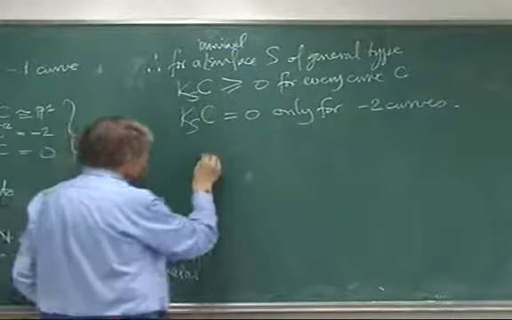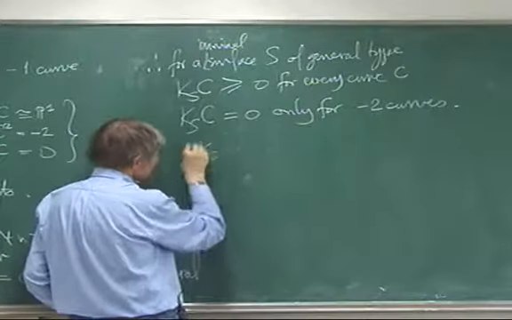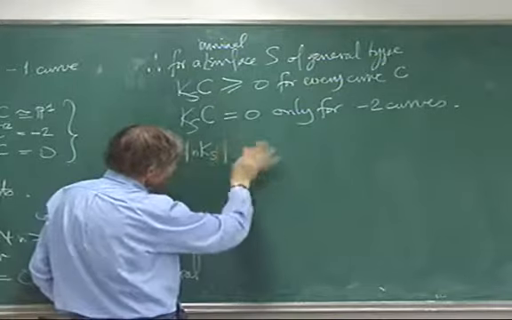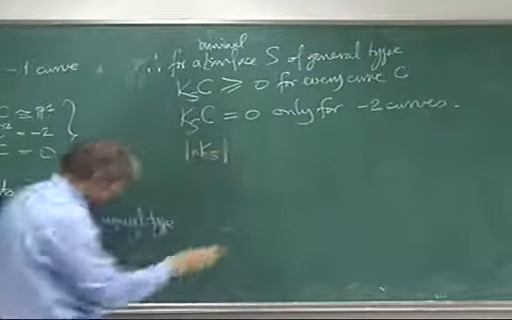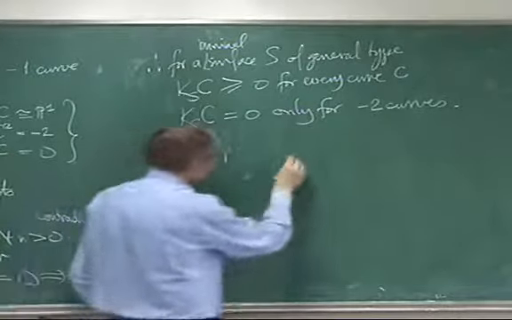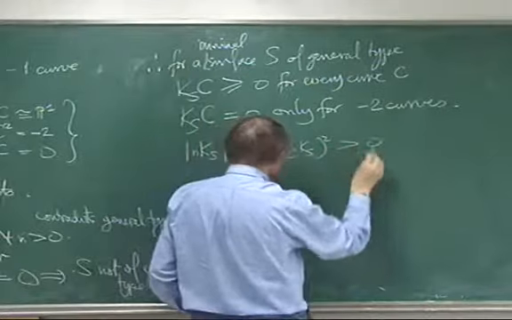So now, if I look at this linear system nKs, this is supposed to be moving in a big linear system, so defining a birational map. So it moves around everywhere. So this must have nKs squared positive.